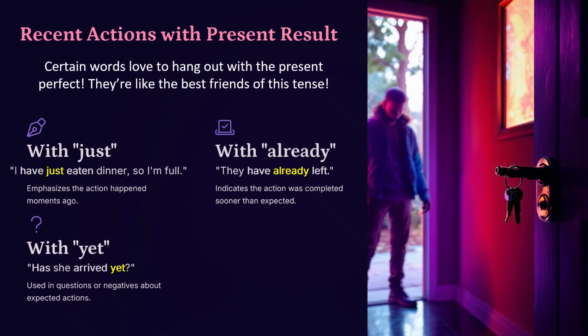Just now. Number two is already. For example, they have already left. So it shows that the action was completed sooner than I expected. And number three is yet. Has she arrived yet? Look, we use yet in the questions or negative about expected actions.